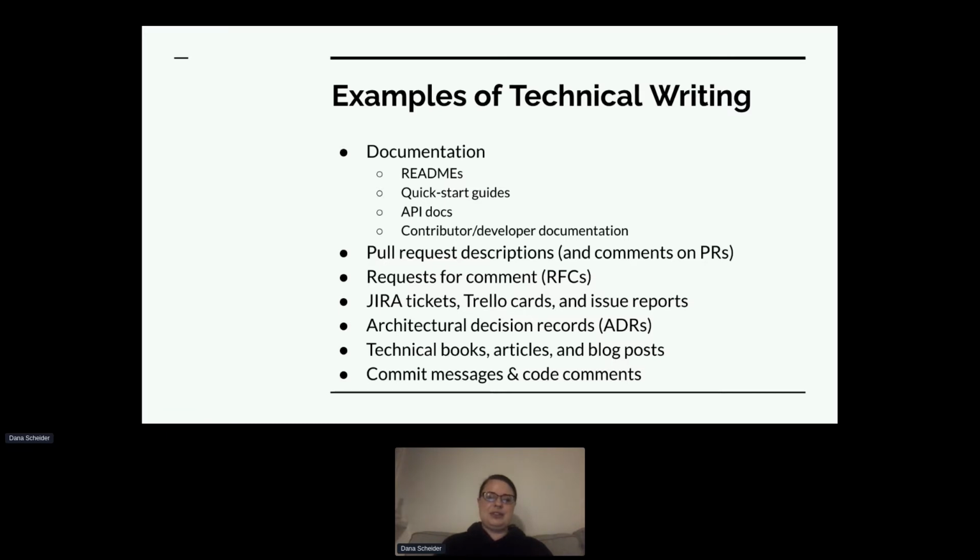And I also want to draw attention to this last one, the commit messages and code comments, because even with those really short form types of writing, it's, if anything, even more important to be able to express yourself clearly and concisely in a way that the reader will understand what's going on.